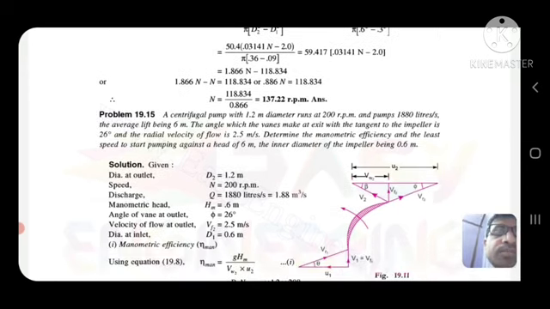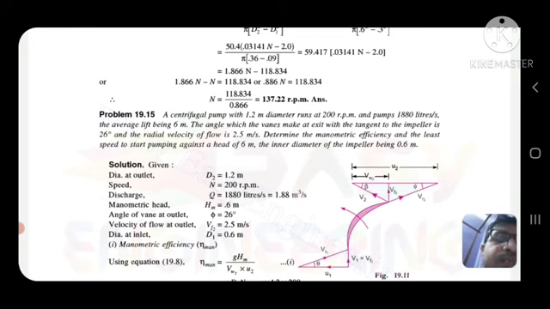1.866 Newton minus n, 118.834 minus 834... 0.886 Newton. So that is equal to 0.886 n.